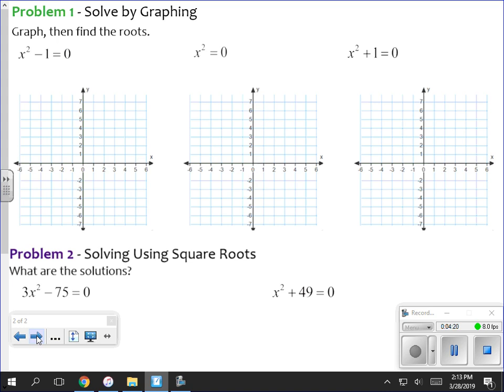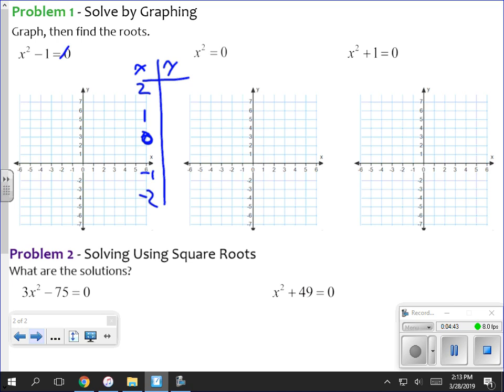What you want to do is you want to make a table. Okay? So if we make a table of values, and I don't have a lot of room, so I'm going to do it over here. So I'm going to do x as 2, 1, 0, -1, and -2. I'm going to find what my y is.